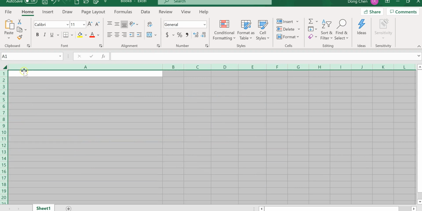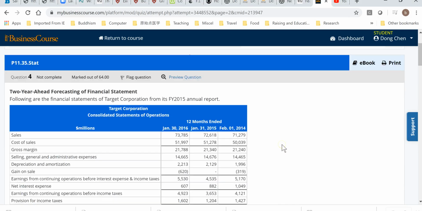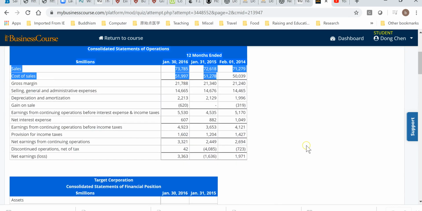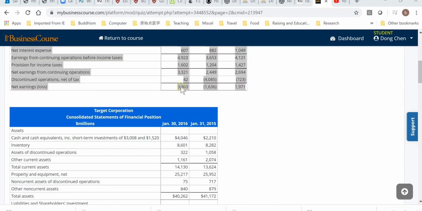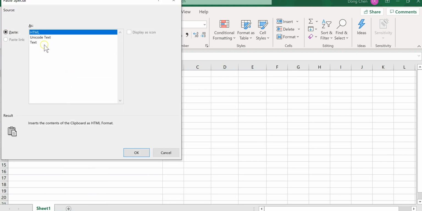So let me first erase this. This comes from an earlier attempt. So let me just first copy the numbers to my Excel sheet. Copy the numbers there.